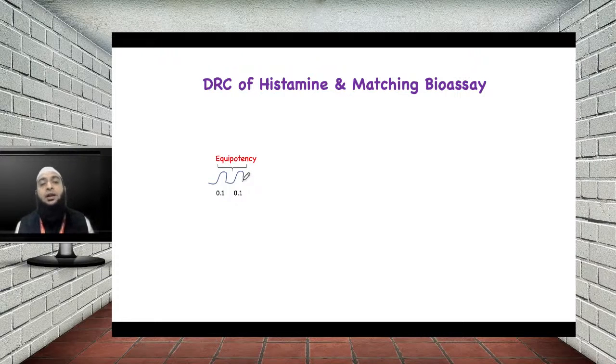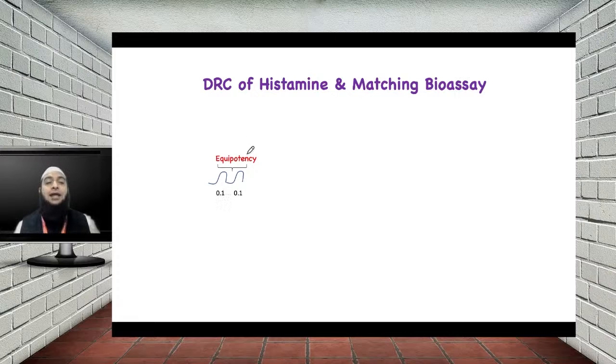Especially those D-Pharm students who have joined later on, direct second year admitted students, you have missed this part in case of the acetylcholine bioassay. So concentrate here and try to understand this simple process of the DRC of histamine. The process is the same for the DRC of histamine and the DRC of acetylcholine by using chick ileum as well as rectus abdominis muscle preparation. The first important thing is equipotency, where you repeat the 0.1 ml dose, the lowest possible dose that you started with, and at the same dose you get the same response.